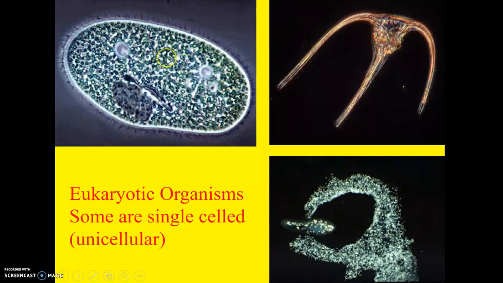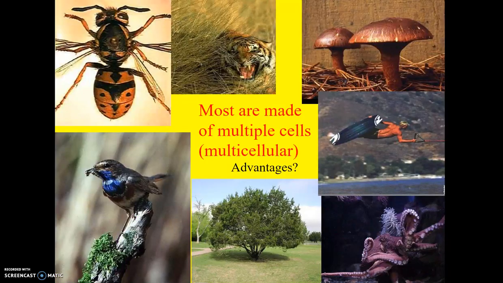Some eukaryotic organisms are single-celled. So they're made up of one cell: amoebas, parameciums, a lot of protists, and some fungi are single-celled organisms. But the majority of eukaryotic organisms are multicellular. Because those cells have those specific organelles inside them that can carry out certain jobs, the cells can become very specialized.